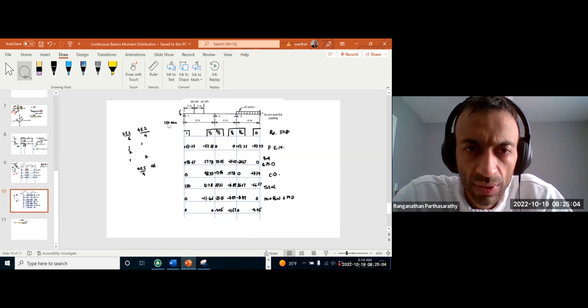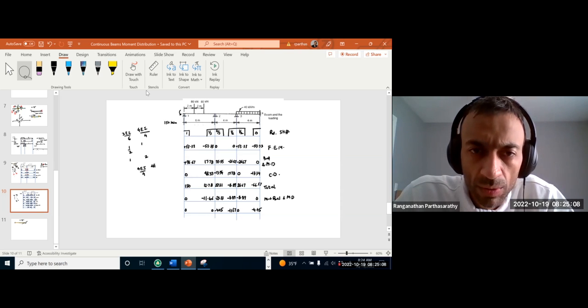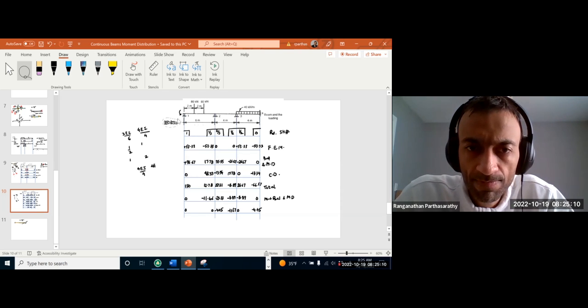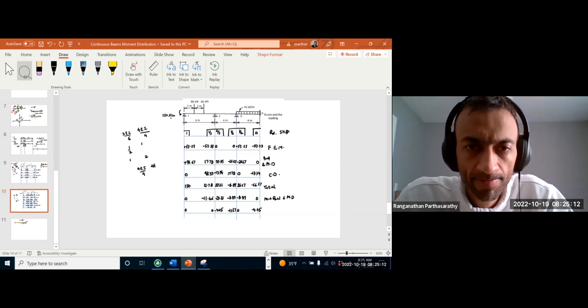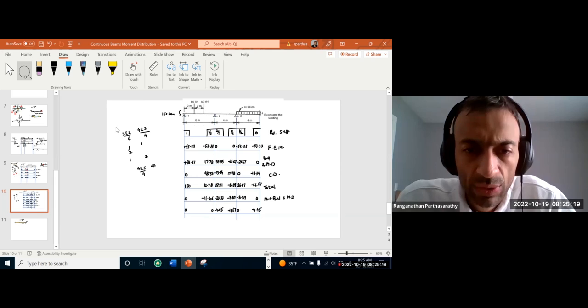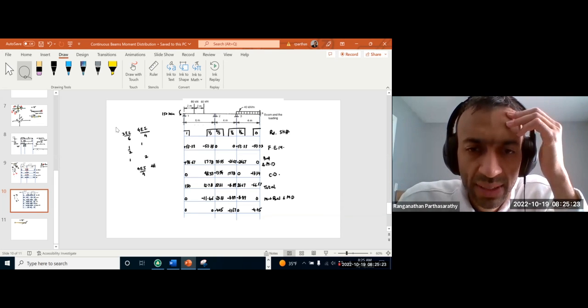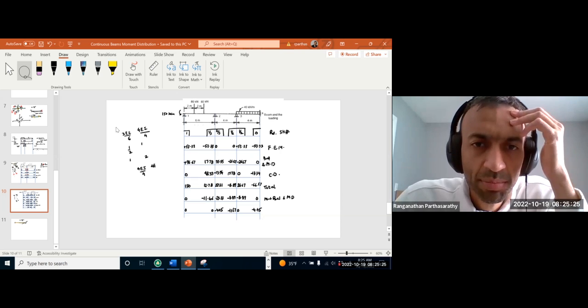Can you please explain the last line? Yes. So this is negative 11.66, but this side is pinned, so nothing transfers.